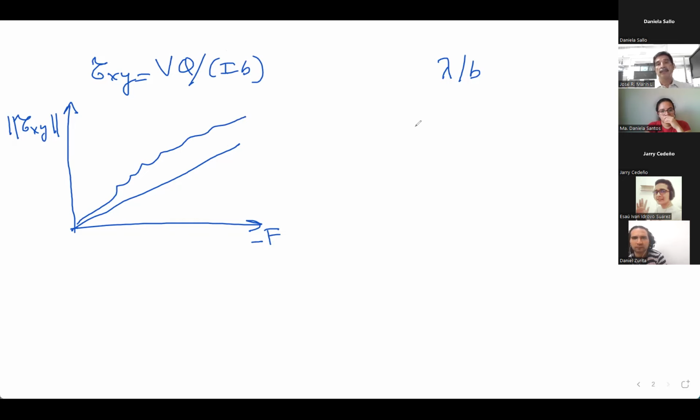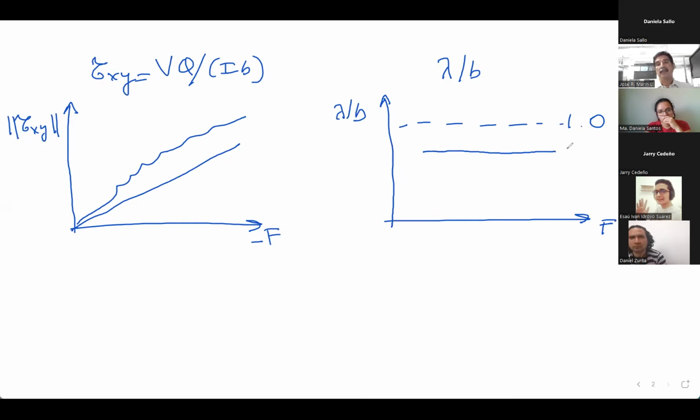In the second one, something similar: you have force and you have lambda over B. You're going to have something different for that, lower probably, supposed to be a constant. This is the theory, and in experimental, I don't know what we are going to obtain.